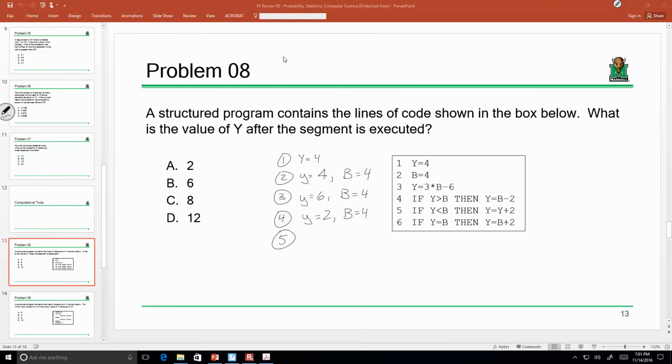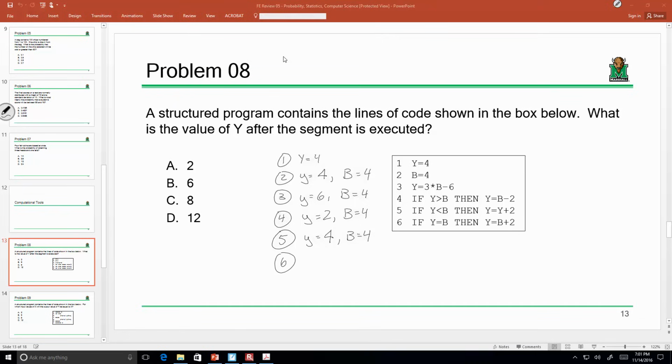All right, line 5. Is line 5 true? Okay. So what does y become? Y becomes y plus 2. So y is 2, y then becomes 4 again, right? Six.